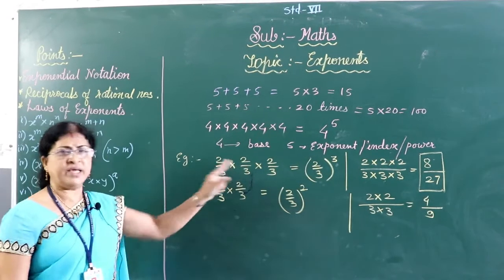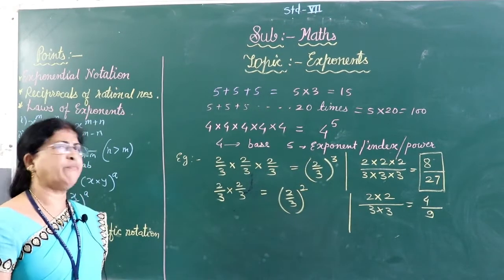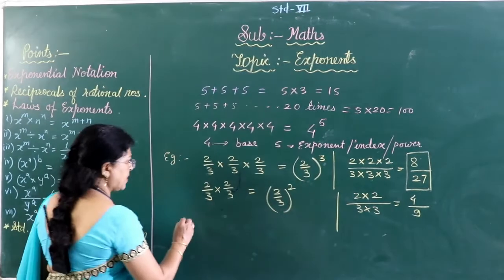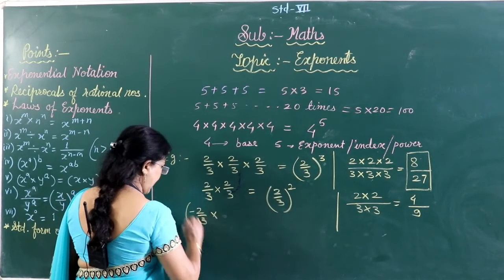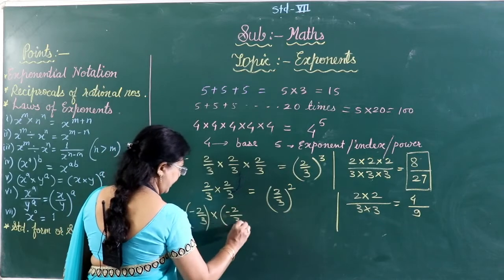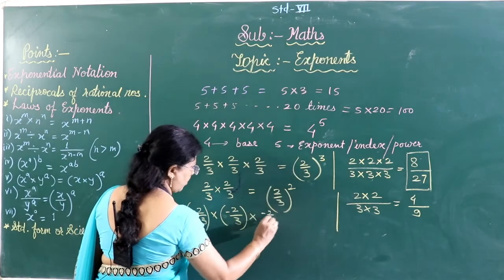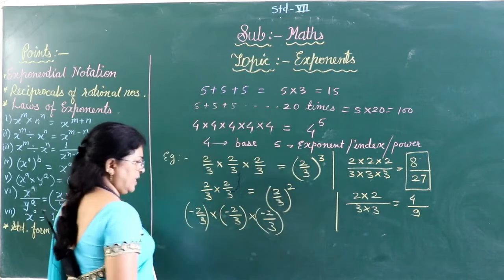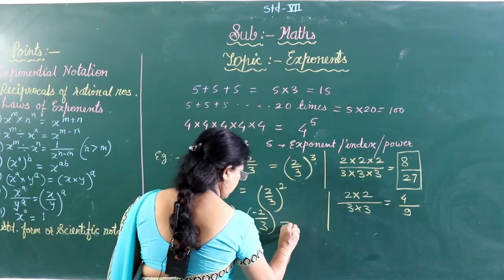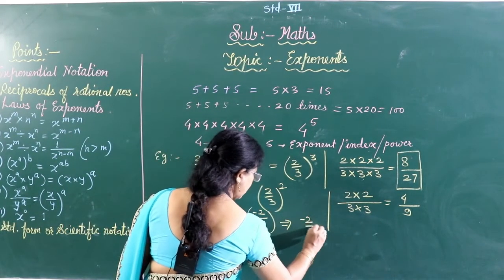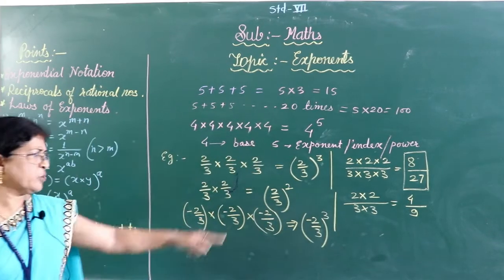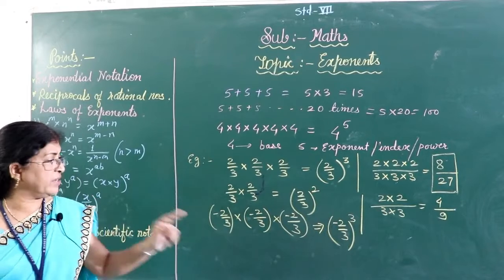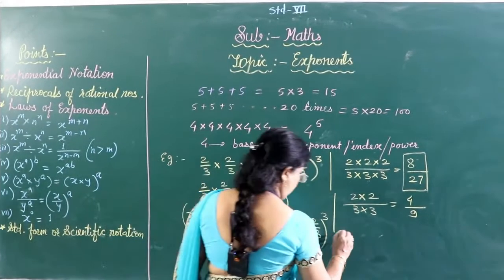Now instead of this positive rational number, let us check for a negative rational number. Suppose I am taking minus 2 upon 3 into minus 2 upon 3 into minus 2 upon 3, 3 times, right? You will write the same as minus 2 upon 3 raised to the power 3. If you solve this, what answer will you get?